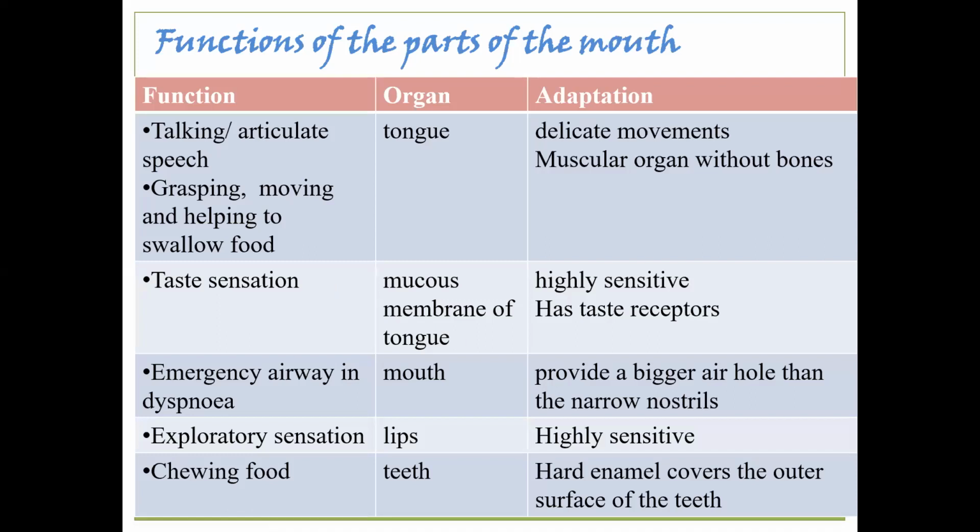For that, this mucous membrane has adapted with highly sensitive taste receptors or taste buds. These taste buds are the receptors which are specifically adapted to receive several tastes from the foods and give sensory stimulation to the brain to identify those tastes separately.